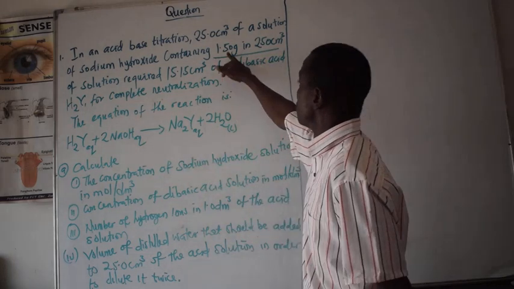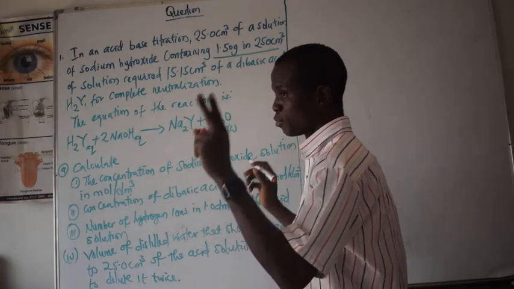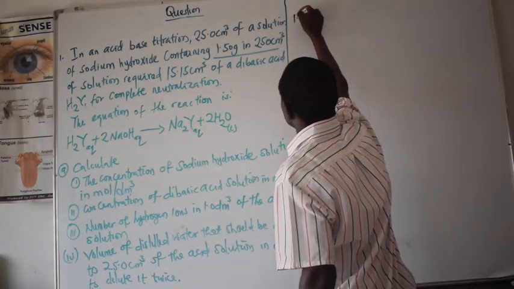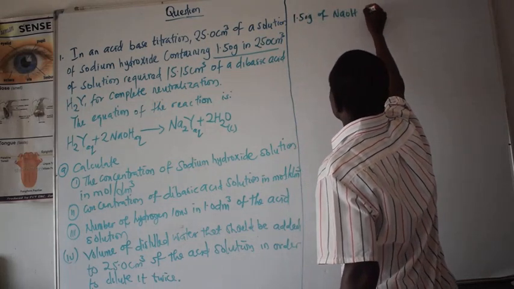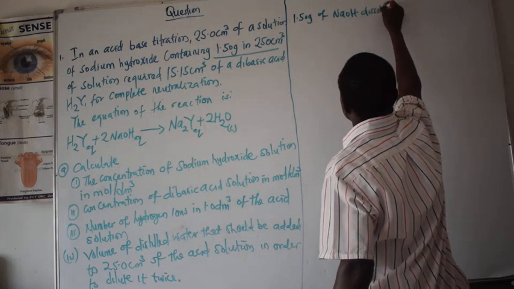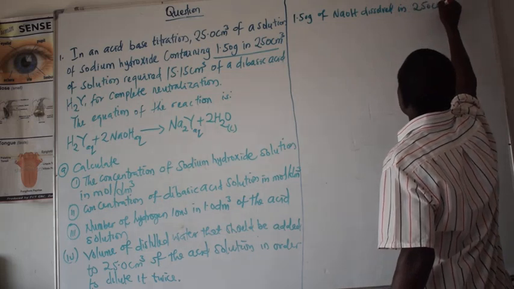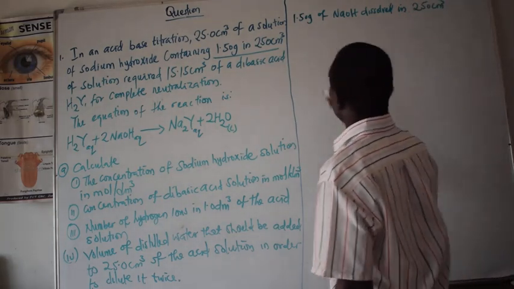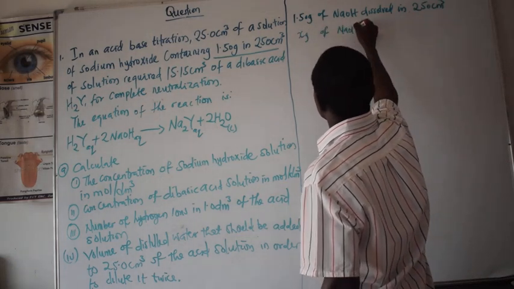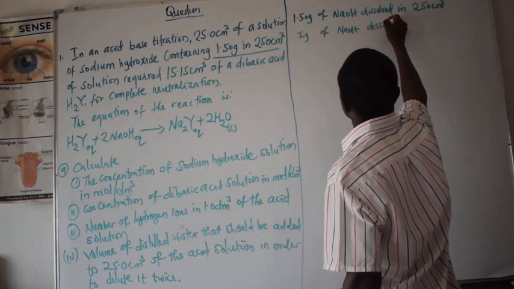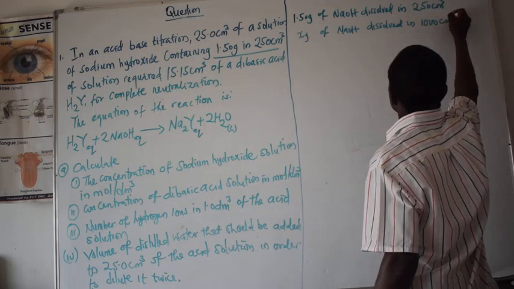So what we are going to do, we must convert this to gram per dm³. There are two ways. So let us see. 1.50 gram of NaOH is dissolved in 250 cm³. Now, what will be the mass in gram of the same NaOH that will dissolve in 1000 cm³?